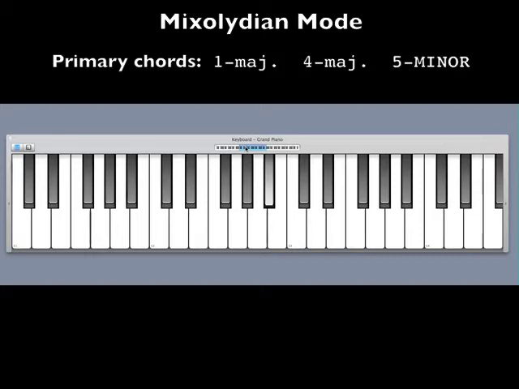The flat 7. I think Louie Louie, the 5 chord, is minor. I might be wrong about that, but I think it is. So you could say Louie Louie is in Mixolydian.